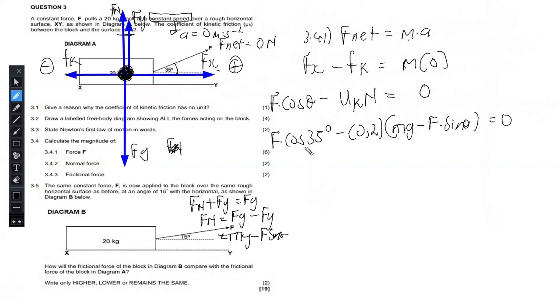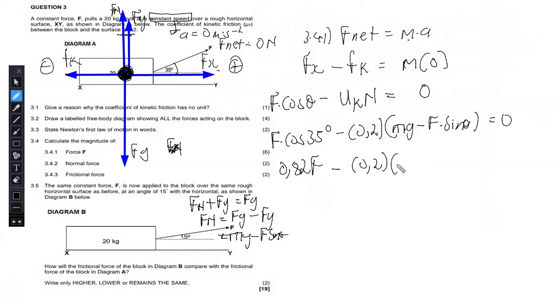Now, cos 35 degrees, if I punch it into my calculator and just round off to 2 decimal places, so I will say cos 35, and then it gives me 0.82. And then let me say F minus 0.2.